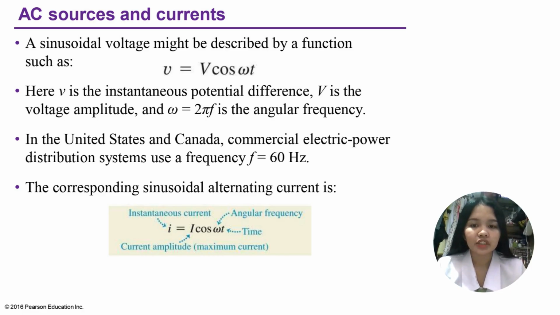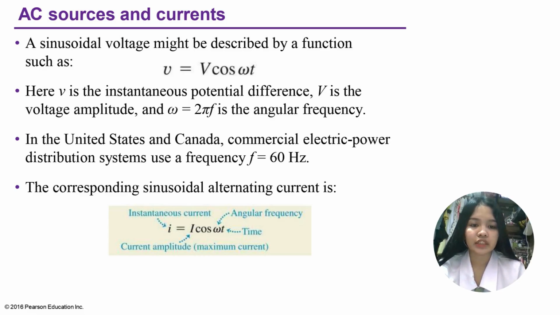To mathematically describe AC voltages and currents, we use sinusoidal functions. A sinusoidal voltage can be represented as v = V cos ωt, where V is the voltage amplitude, the maximum voltage, and ω = 2πf is the angular frequency.